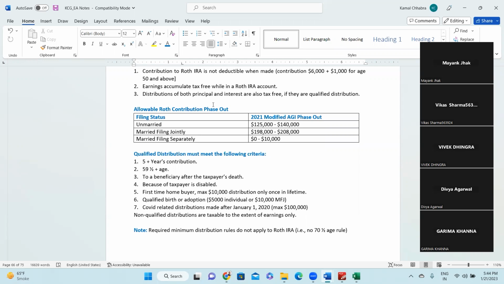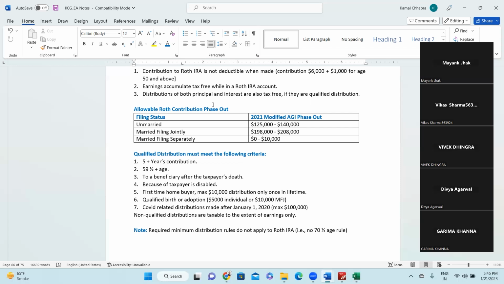Make sense? So first one is the 5-year contribution. At least you should be making contributions for 5 years. Second, you or your client must be of the age 59.5 years. Third is a distribution to a beneficiary after the taxpayer's death.